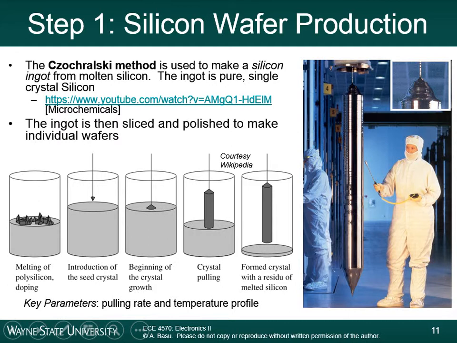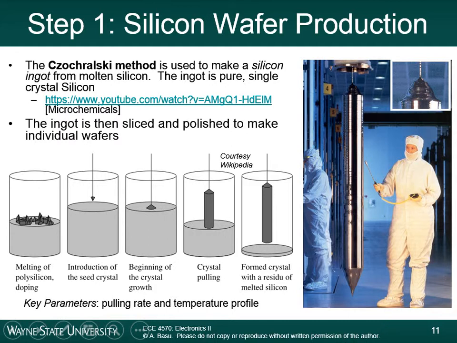And as you pull this cylinder out, the cylinder is called the ingot. You're rotating it in the meantime, and the atoms from the polysilicon melt are basically depositing on here in crystalline form. And at the end of the process, you have this ingot, which is basically a big piece of single crystalline silicon.